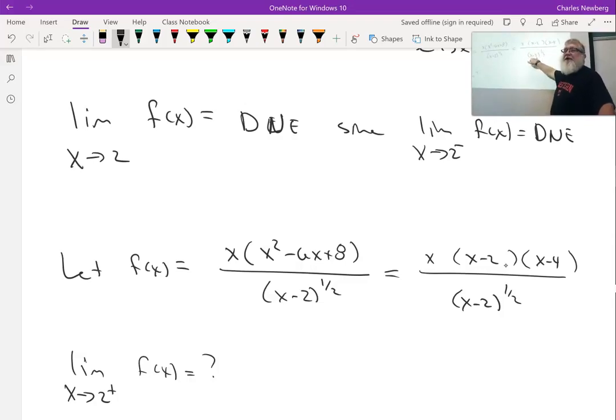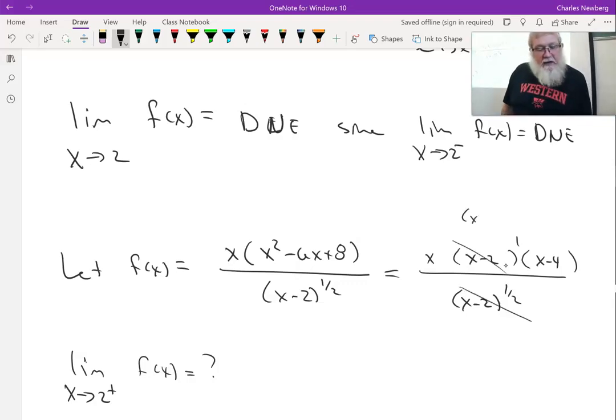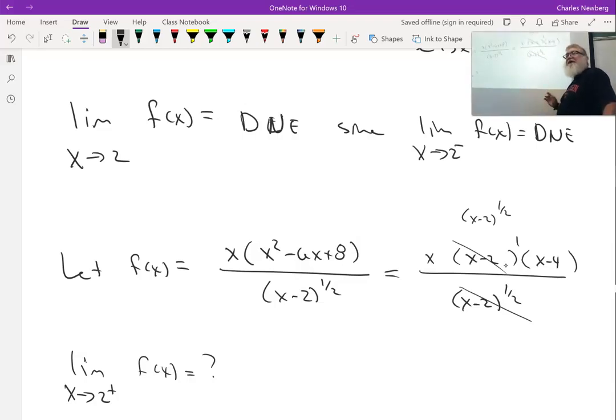Well, they won't completely cancel out. The power on this is understood to be what? A 1. And what do you do when you divide? You subtract exponents, right? So what's 1 minus 1/2? 1/2. So we could say, okay, this cancels, leaving behind an x minus 2 to the 1/2 power. Sometimes we can cancel those things out.